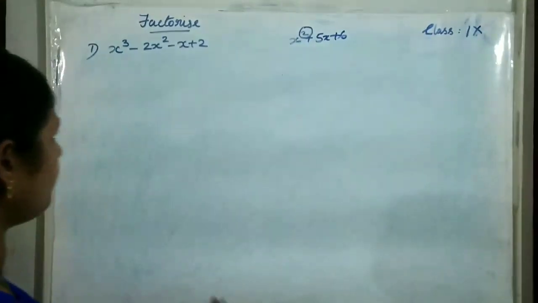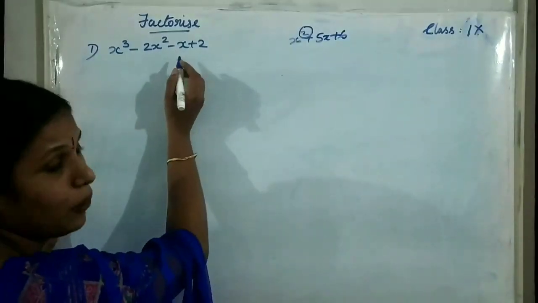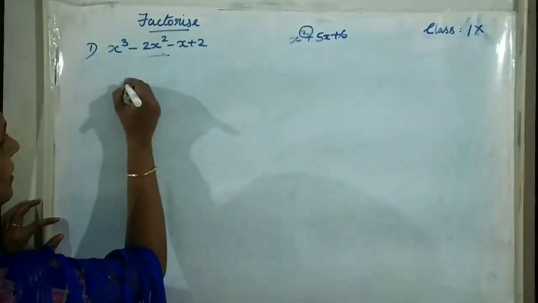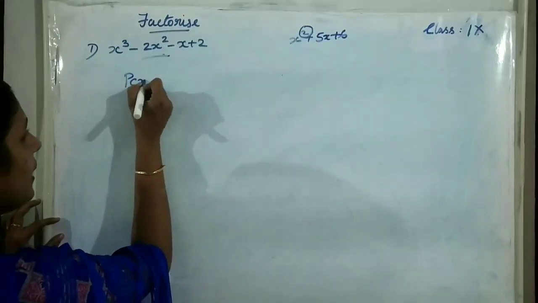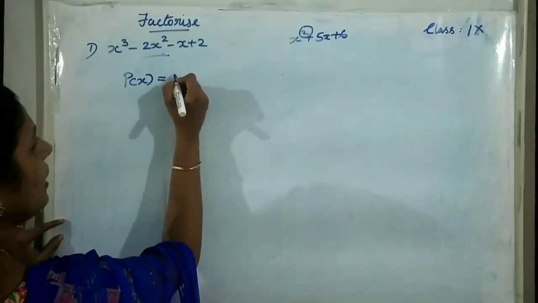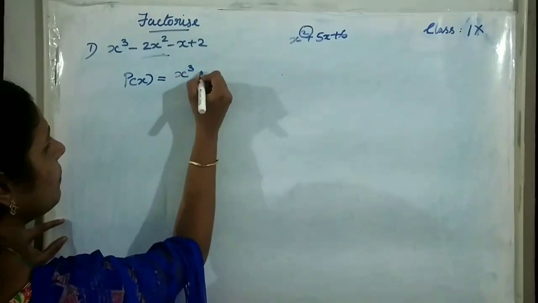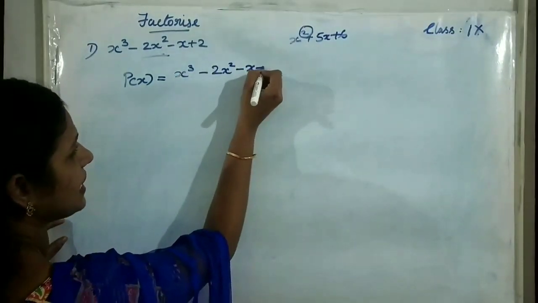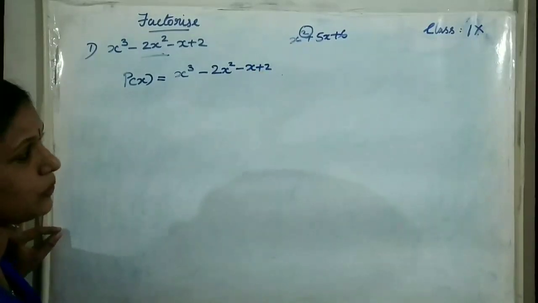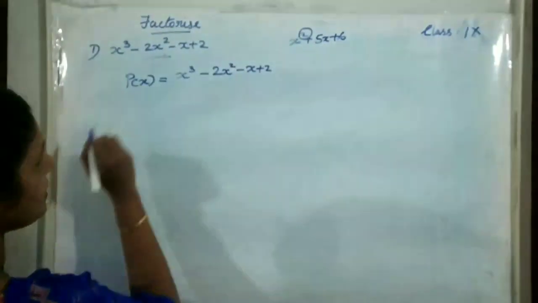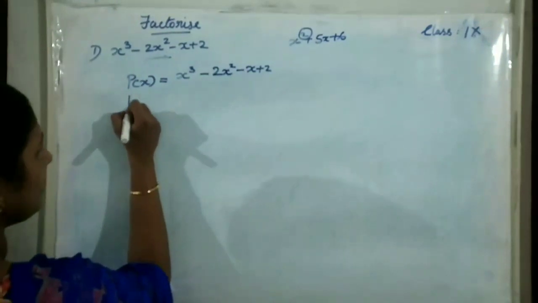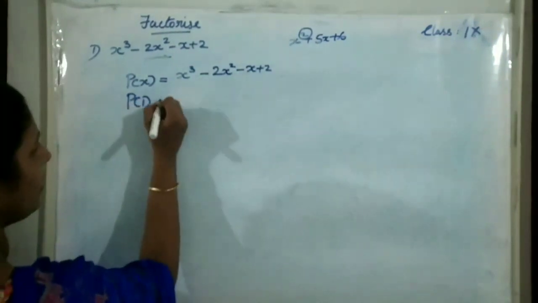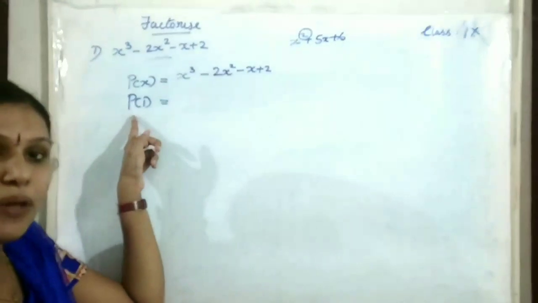Okay. Here, first we write the polynomial: p of x equals x cube minus 2x square minus x plus 2. The first factor we find by the factor theorem, that is p of 1. First we find p of 1.